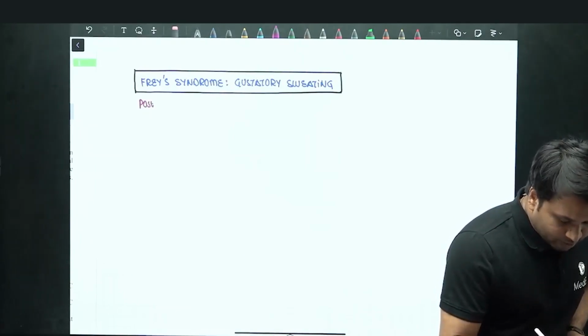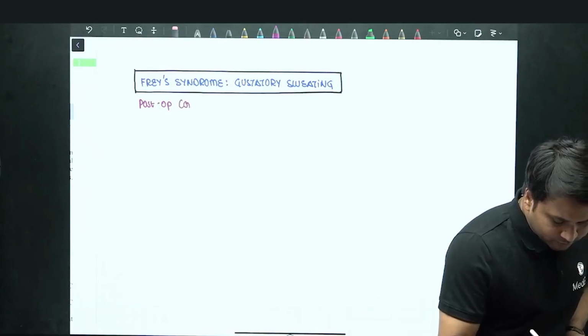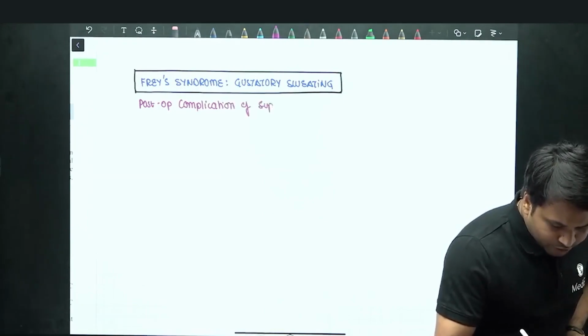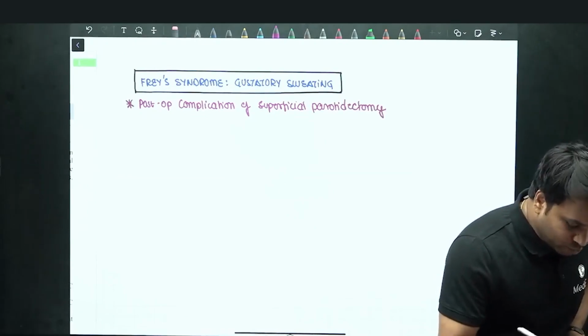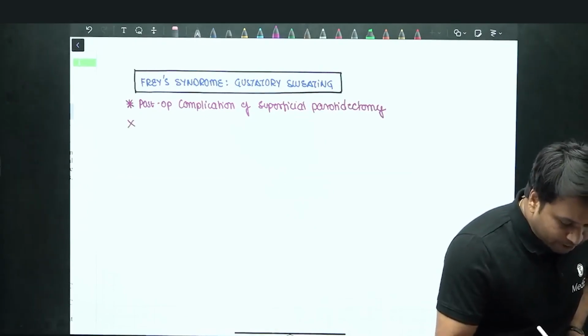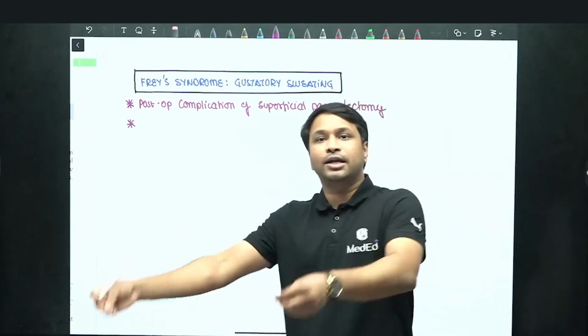It is a post-operative complication of superficial parotidectomy. Remember, it will not occur immediately.